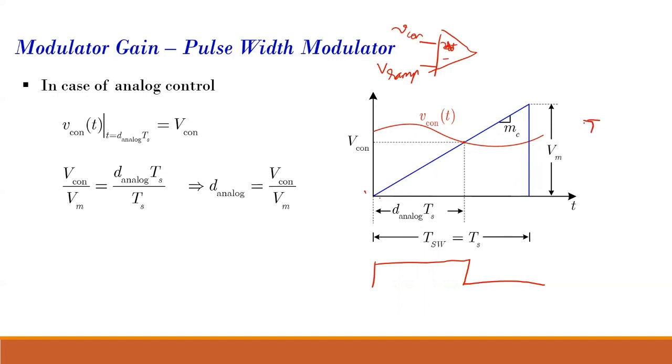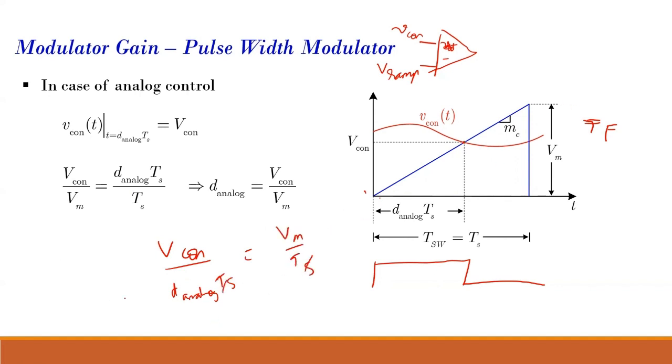We want to find the transfer function or the gain, the effective gain of this modulator block. So that is represented using this. So my V-con divided by my VM, that is my time. Okay, this is a triangle. By equality of triangles, we have V-con by D analog TS is equal to VM upon TS.